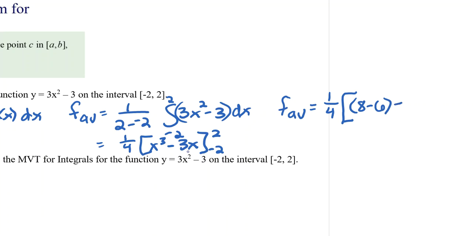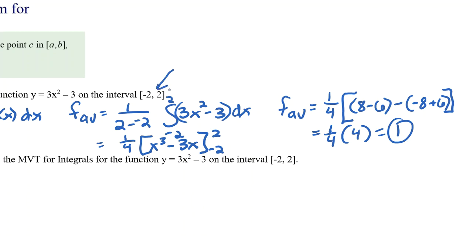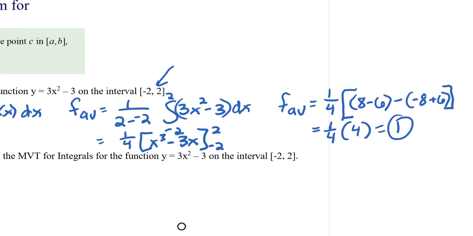And our antiderivative at negative 2 would be a negative 8 plus 6. So let me be careful about signs here. We've got a positive 2 and then plus another 2. So it looks like we have 1/4 of 4. So our average height of our function is 1. That's the y coordinate. So that's the average height of our function on this interval from negative 2 to 2.